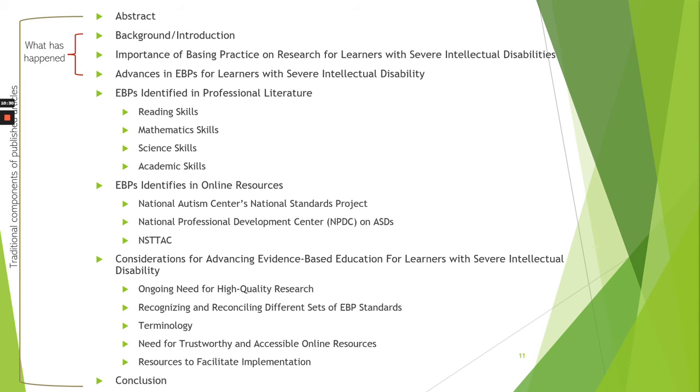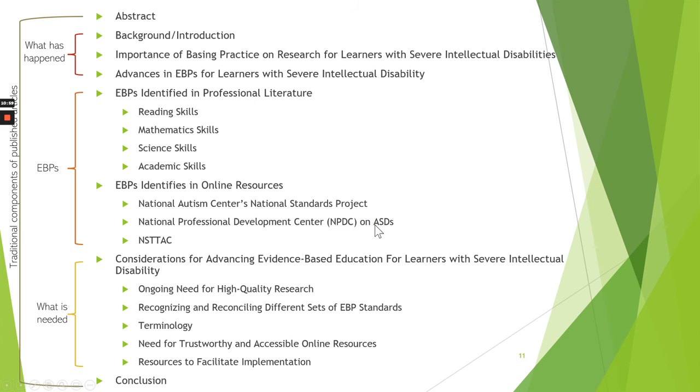The following sections give you an idea of what was happening by giving background information and an introduction, and the importance of basing the practice on research and the advances in those practices. Then it moves to listing the other EBPs they found and organizing those based on where they found them, the professional research and online resources.